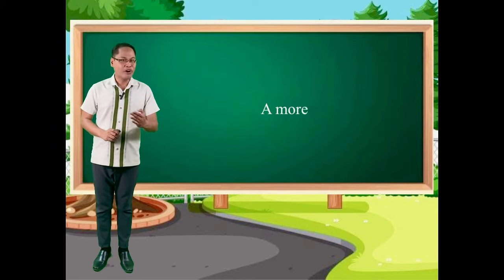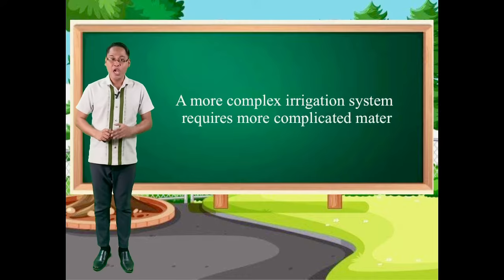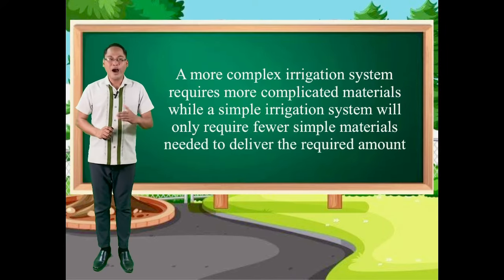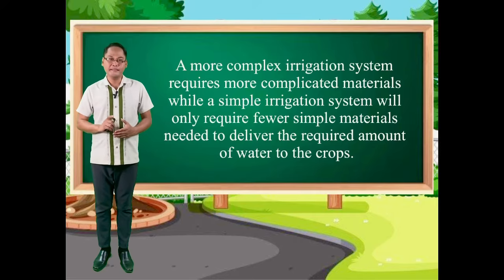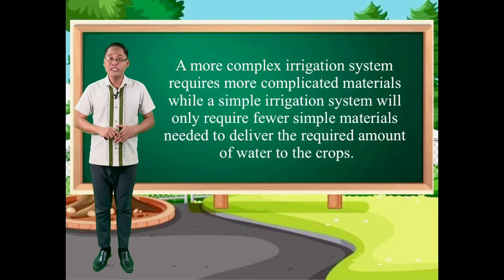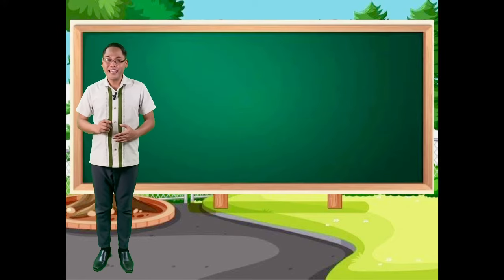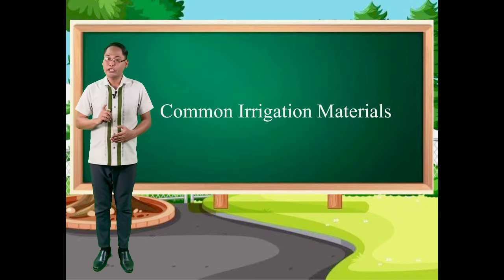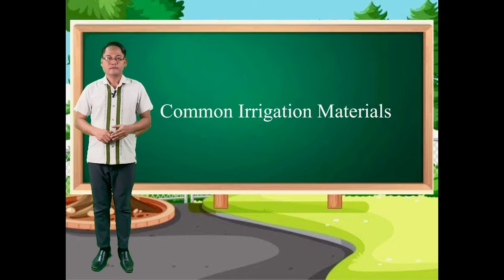A more complex irrigation system requires more complicated materials, while a simple irrigation system will only require fewer simple materials needed to deliver the required amount of water to the crops. For this reason, this lesson will only tackle the most common materials used in irrigation system.